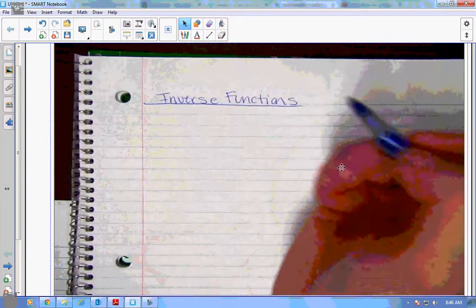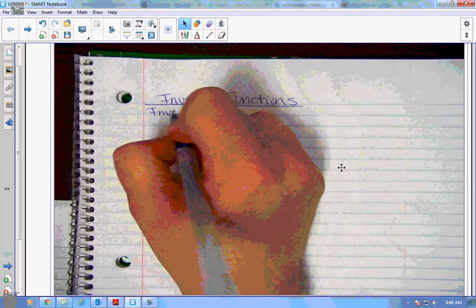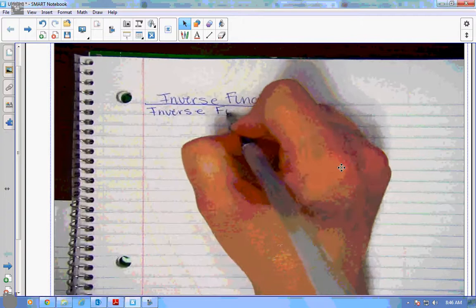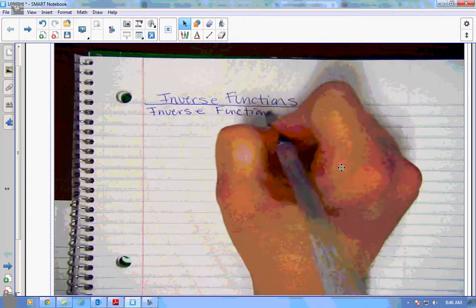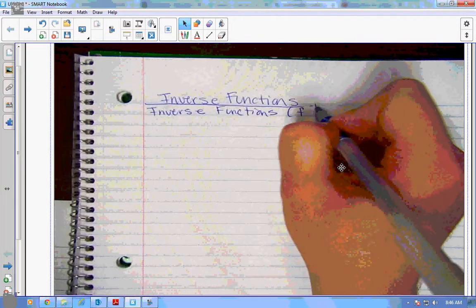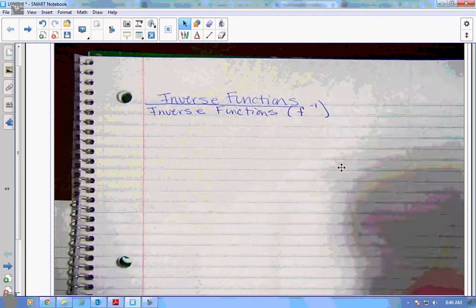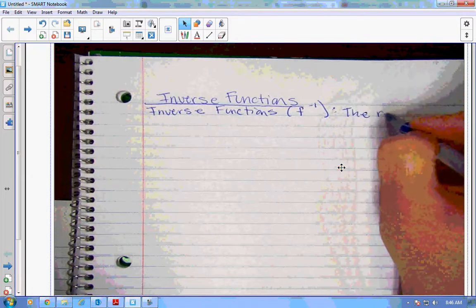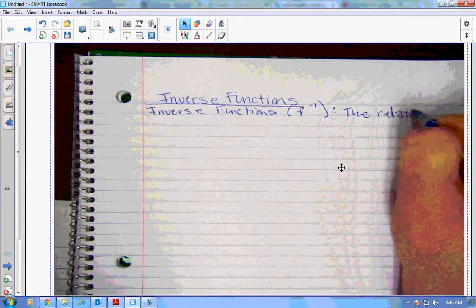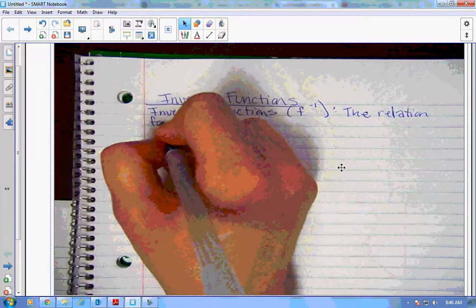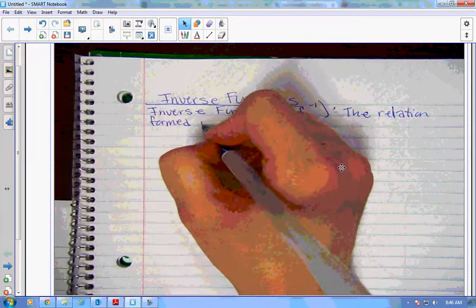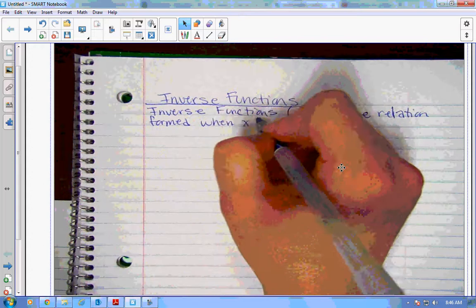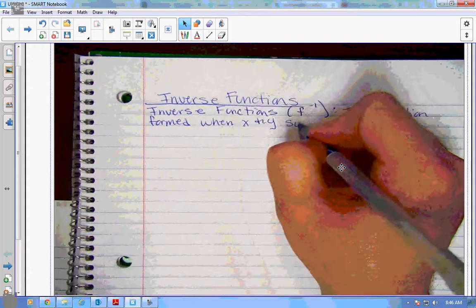Okay, inverse functions. Inverse functions, which is notated by a little f raised to the negative 1. Inverse functions is the relation formed when x and y switch places.